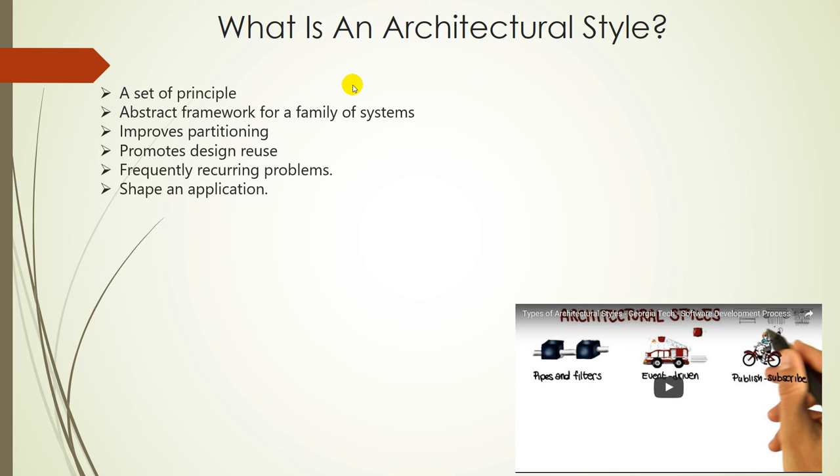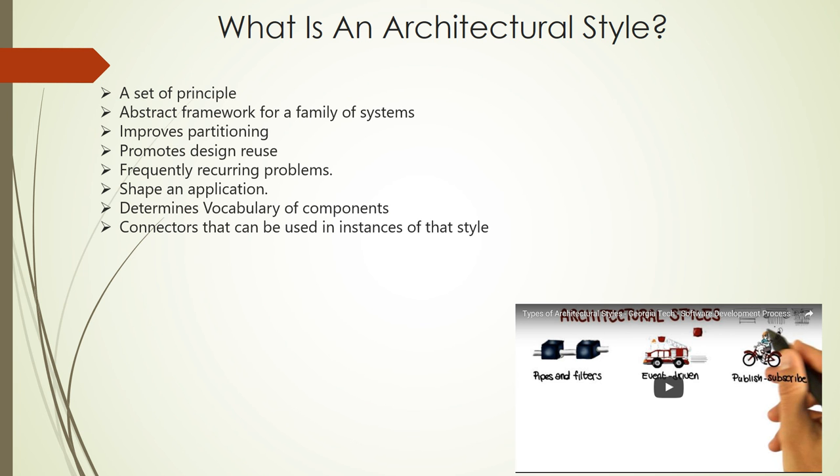More specifically, an architectural style determines the vocabulary of components and connectors that can be used in instances of that style, together with a set of constraints on how they can combine.